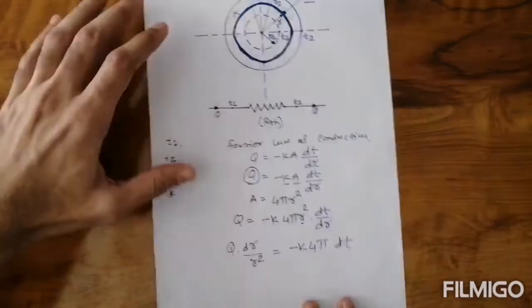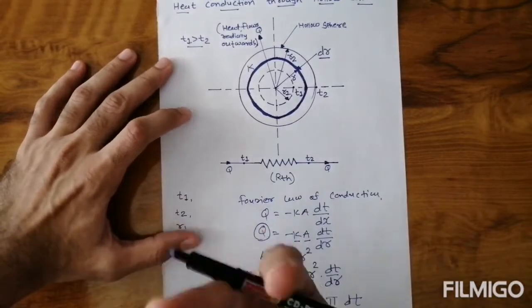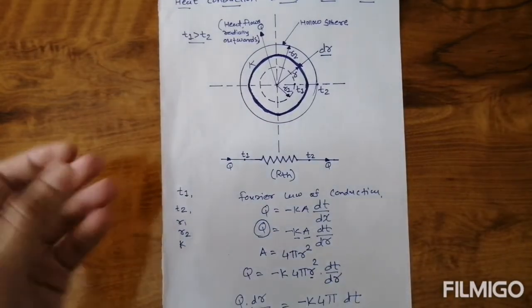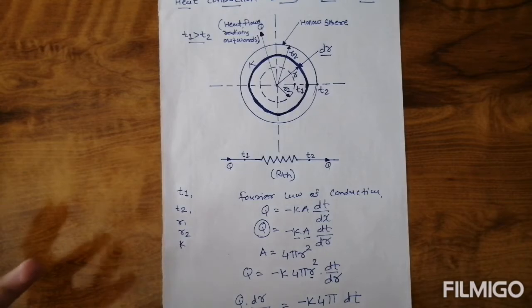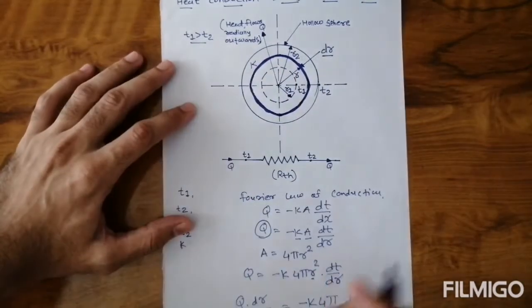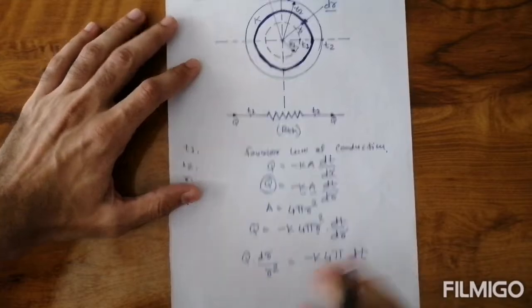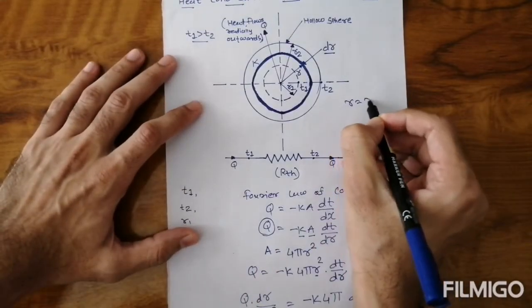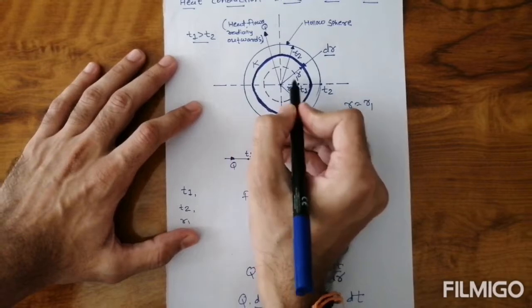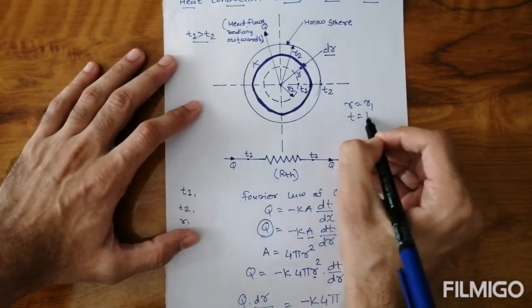Now you can see in this figure, we have two boundary conditions, for the radius side as well as the temperature side. For the inside surface, the radius is r is equal to r1, and the temperature is T is equal to T1.